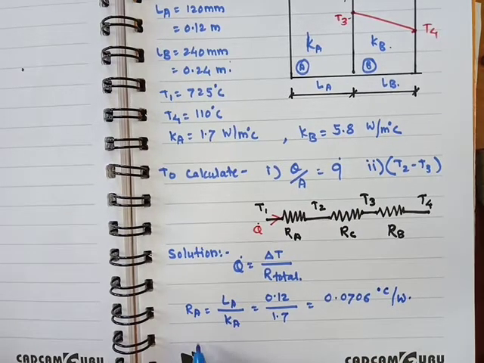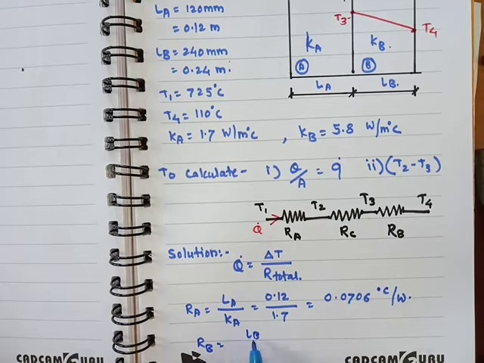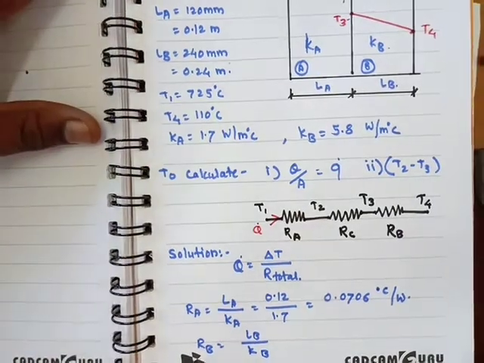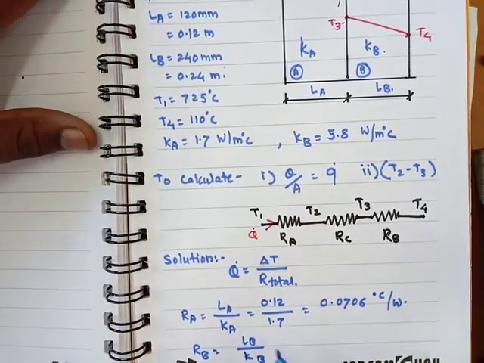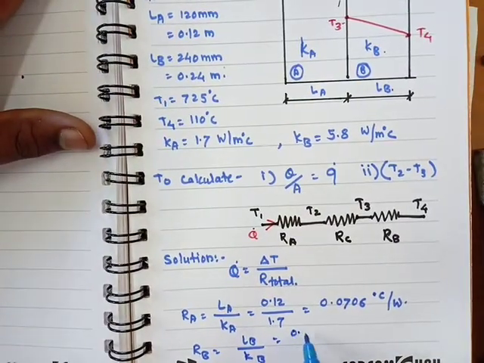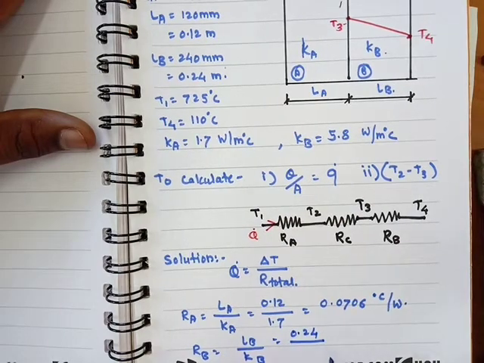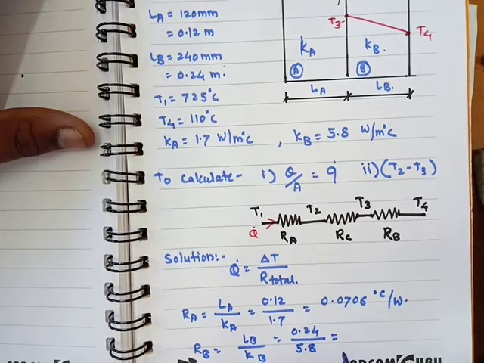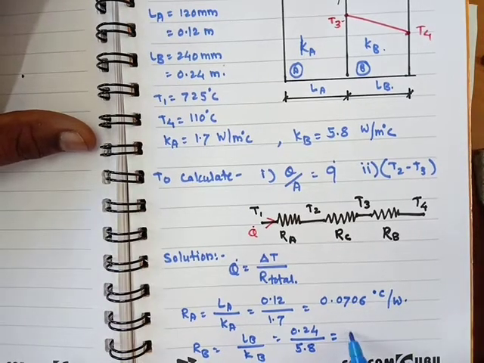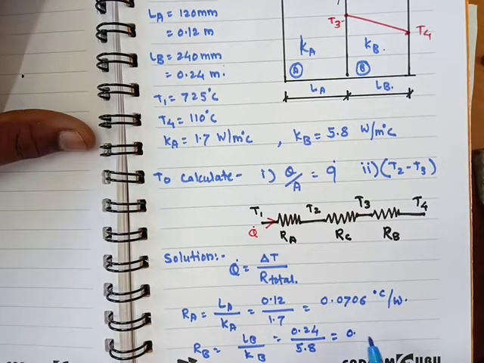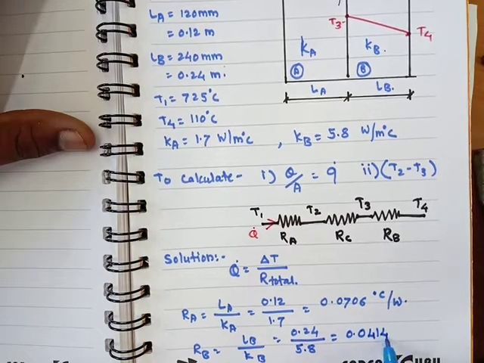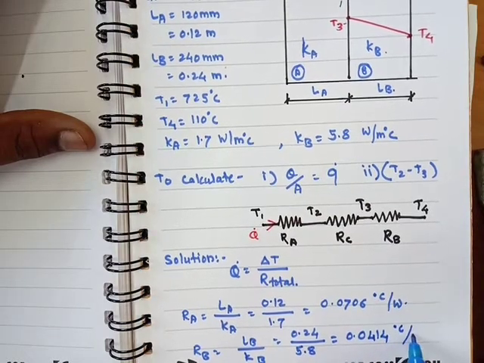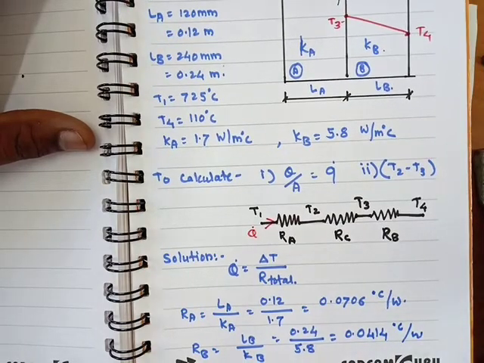And now Rb: the formula will be a similar one, Lb divided by Kb, which is equal to 0.24 divided by 5.8, and this is also equal to 0.0414 degrees Celsius per watt.